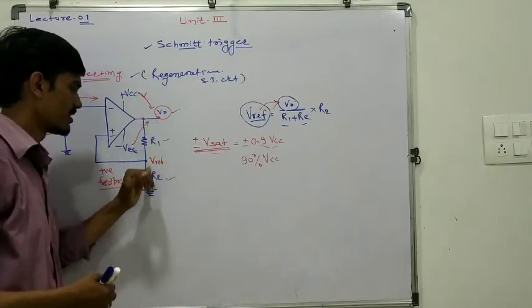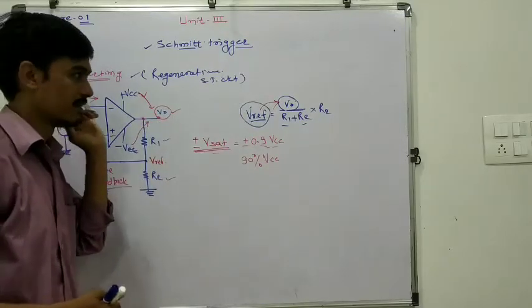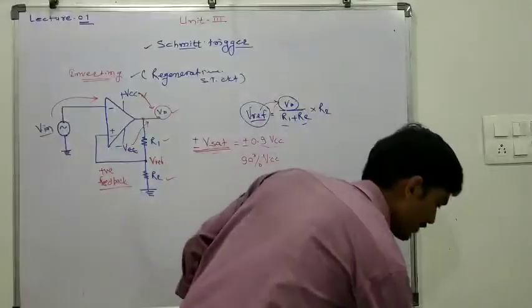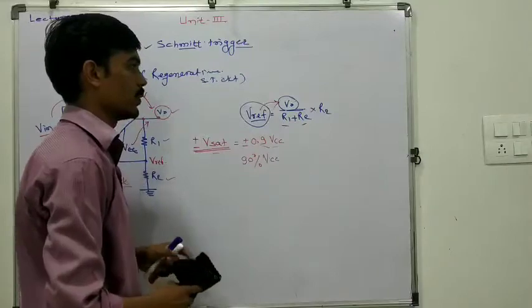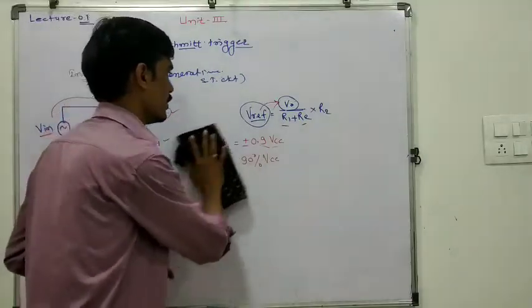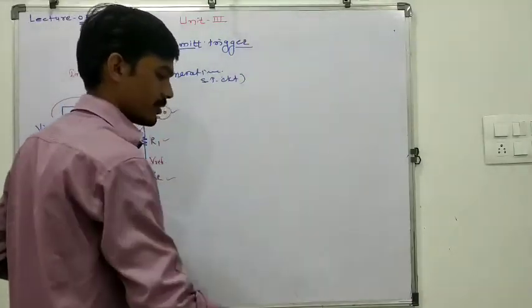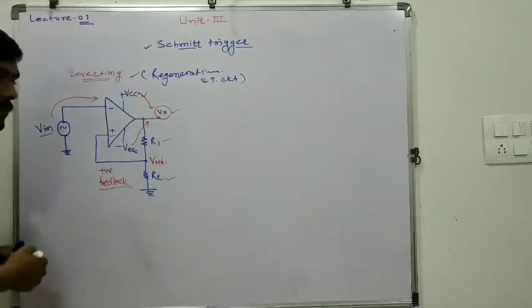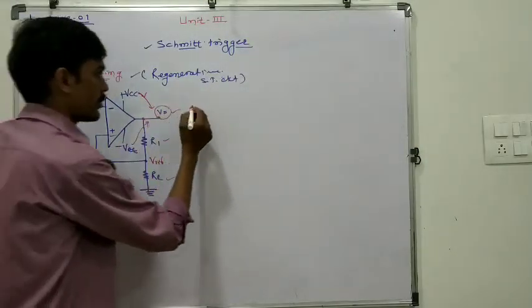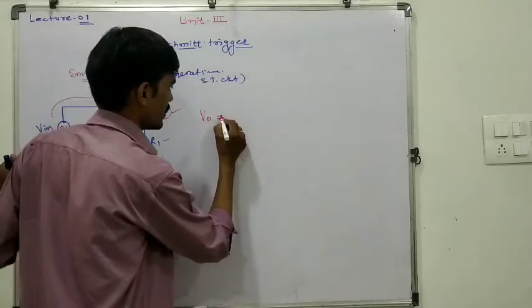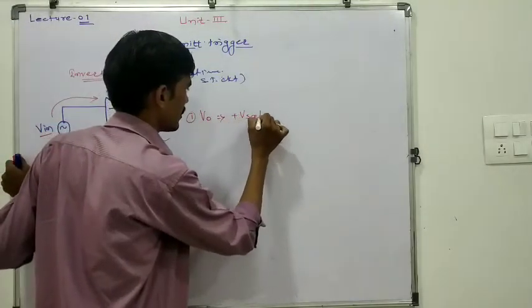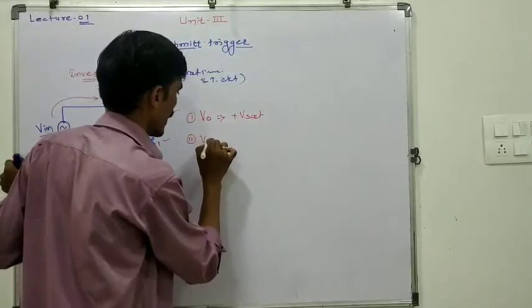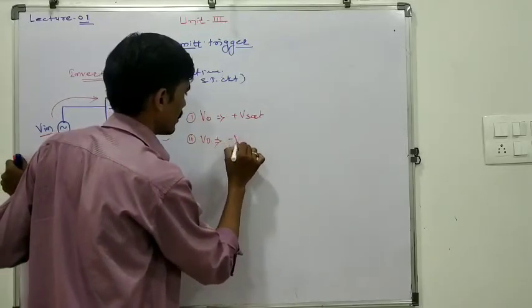So we had already discussed V reference and VSAT, and the formula for V reference is nothing but VO by R1 plus R2 into R2. As we know, VO has two values: one is VO equals plus VSAT, and the second one is VO equals minus VSAT.